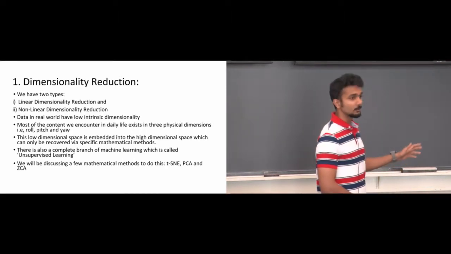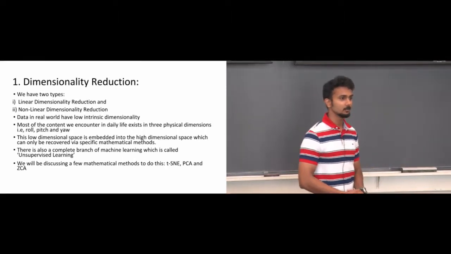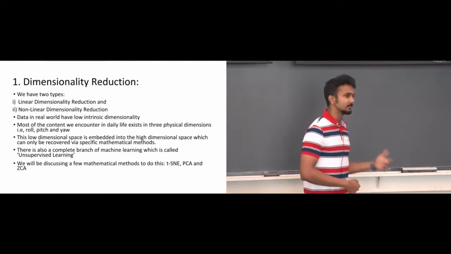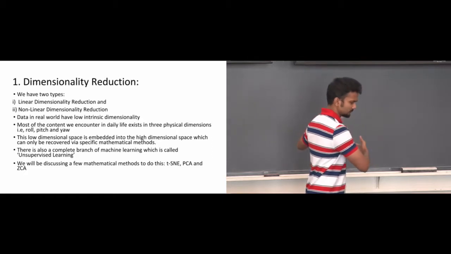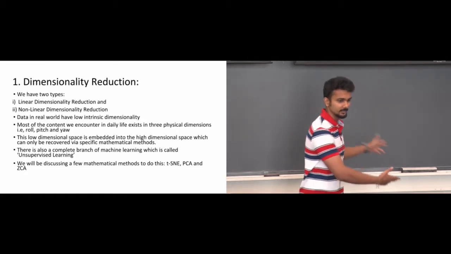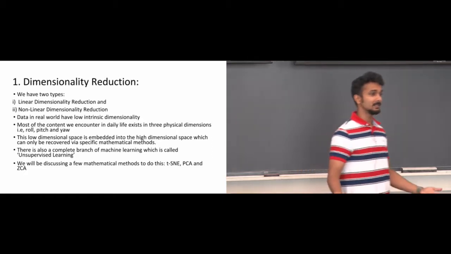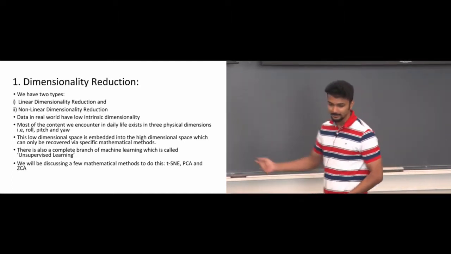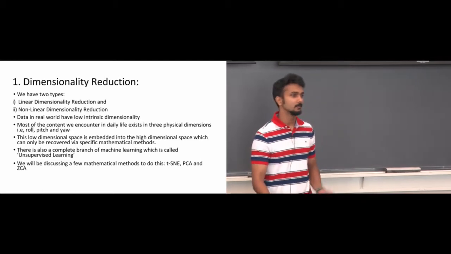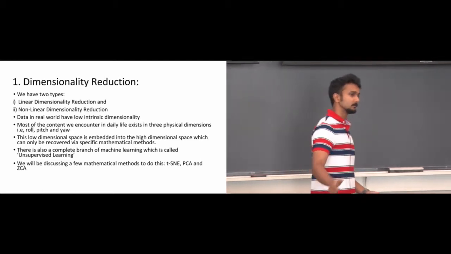We'll look into that. There is also a huge branch of machine learning called unsupervised learning, wherein you just give the image and the label, and the network learns to reduce a 500 cross 500 pixel image into a single class label. That is dimensionality reduction, right? You're taking 500 cross 500 pixels and getting it down into one single label, a one hot representation. You get it?